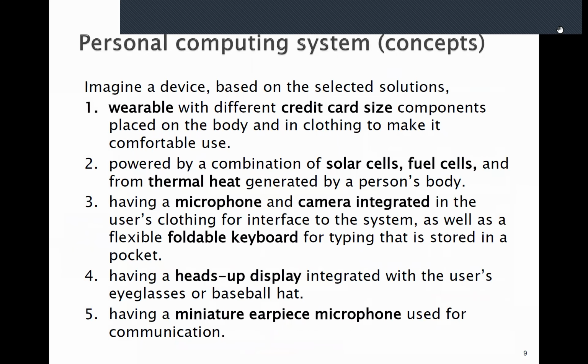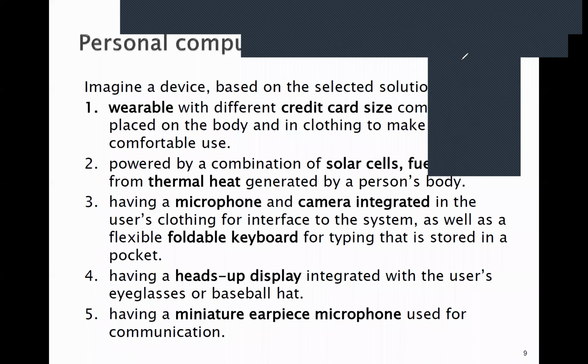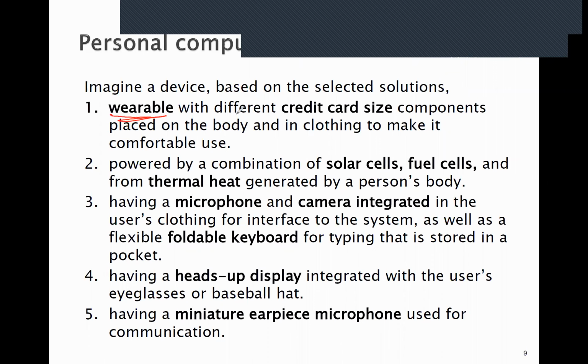So then for this personal computing system, based on the selections in the previous slide, we can imagine a wearable device with credit card size components, powered by a combination of solar cells, fuel cells, and thermal heat, having a microphone and camera integrated in the user's clothing, as well as a flexible folded keyboard for typing that's stored in a pocket, and a heads-up display integrated with the user's eyeglasses or baseball hat, for example, with a miniature earpiece microphone used for communication.